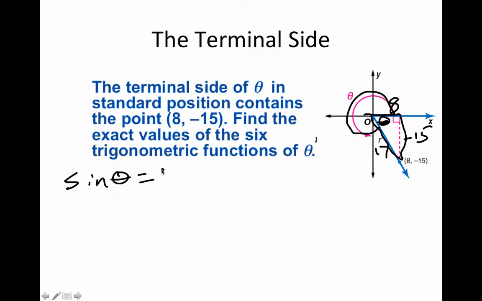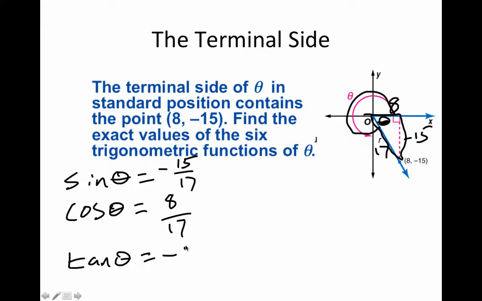So we're going to go opposite over hypotenuse for sine, then cosine is adjacent over hypotenuse, and tangent is opposite over adjacent. Oh, look at that. We fulfilled the STC. The cosine should be the one that's positive. So you can actually just do 8, 15, 17 and then fill your signs in from this.